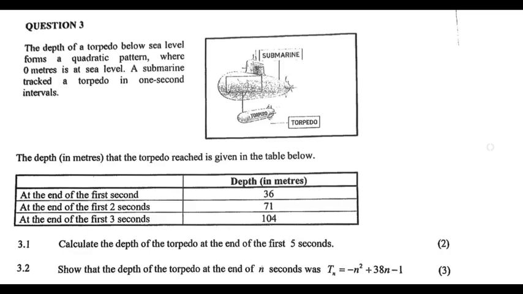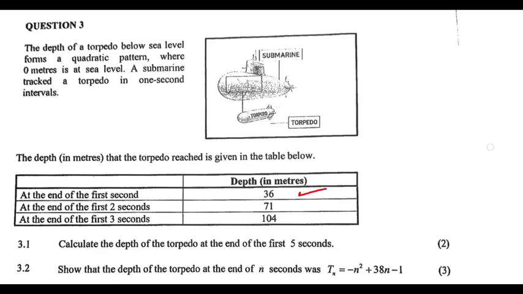So this is question number 3. The depth of a torpedo below sea level forms a quadratic pattern. This is a quadratic pattern question, where 0 meters is at sea level. A submarine tracked a torpedo in 1 second intervals. Now, the depth in meters that the torpedo reached is given in the table below.